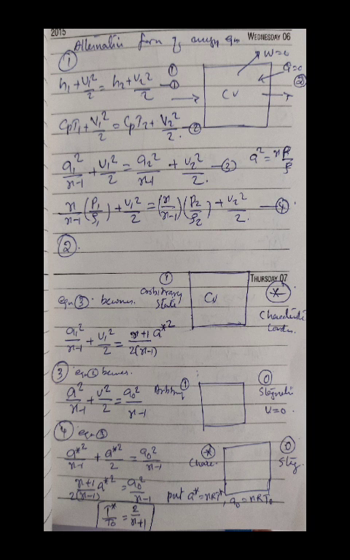Substituting V2 equal to A star, we get gamma plus 1 by 2 into gamma minus 1 into A star square.